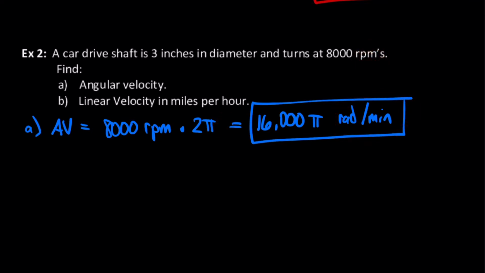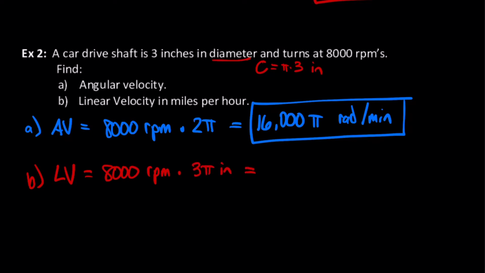All right, part B. Linear velocity is rotational velocity times circumference. So let's see, what's our circumference? 3 inches in diameter, so we always have to make sure of that. C equals pi times 3 inches. So here I get 8,000 RPM times 3 pi inches.